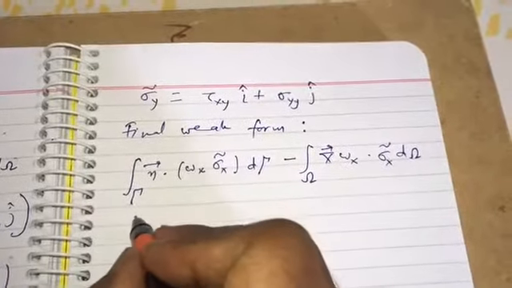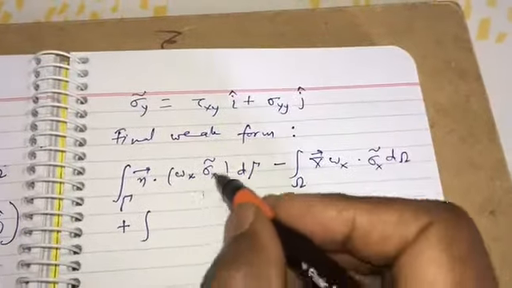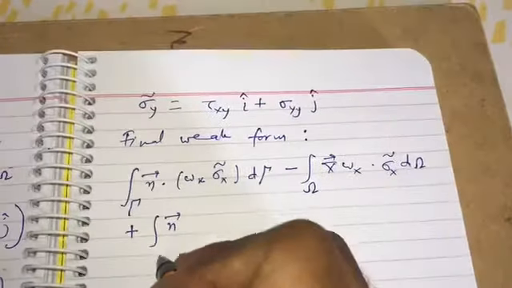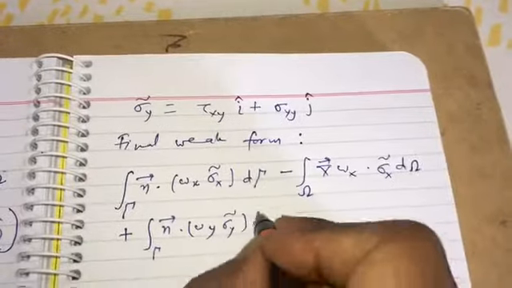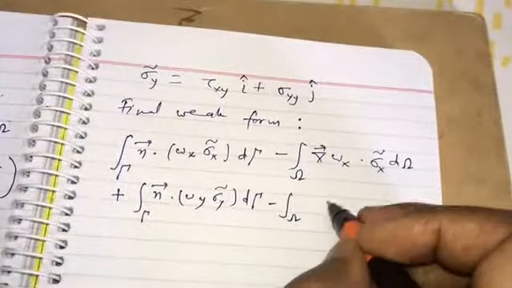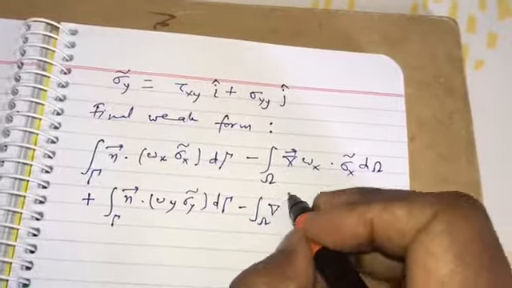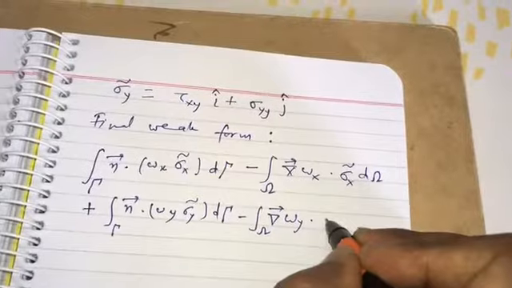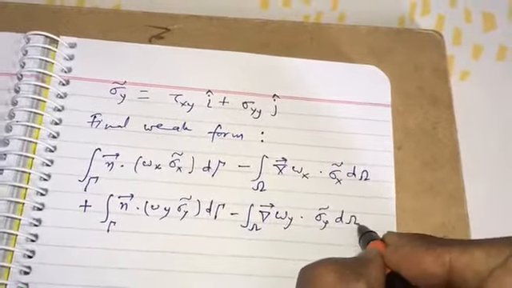Then plus the second thing, derived based on this one: the integral over gamma of n dot wy sigma y d gamma, minus the integral over the whole domain omega of the gradient of wy dot sigma y d omega.